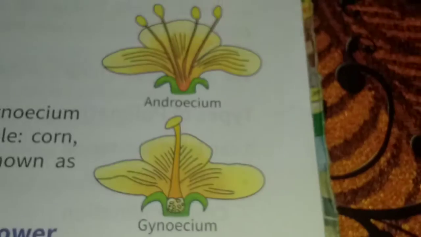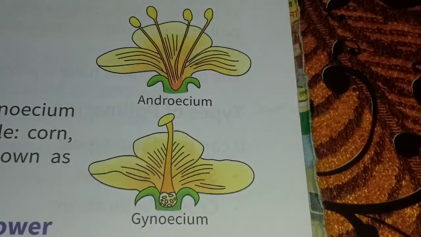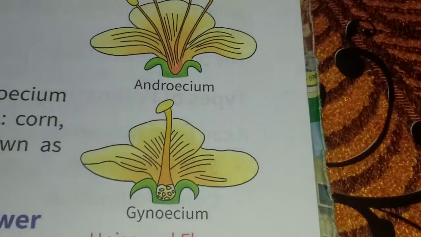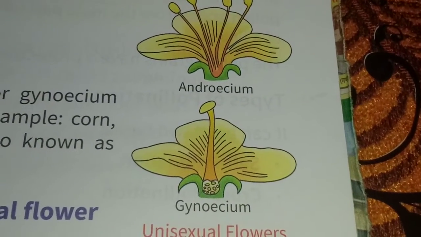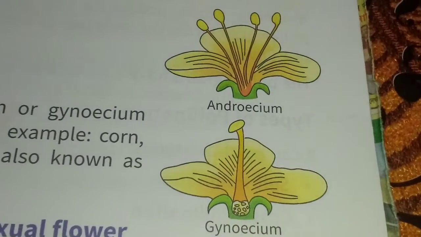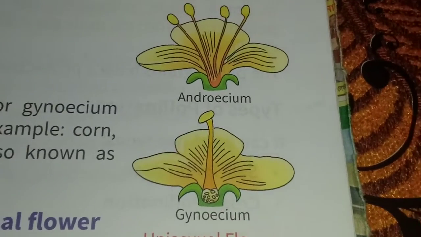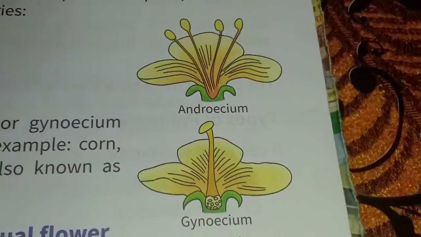So, in unisexual flowers, only one organ, male or female, is present. They are also called incomplete or monosexual flowers. For example, corn, cucumber, papaya, bitter gourd, muskmelon, etc. are unisexual flowers.